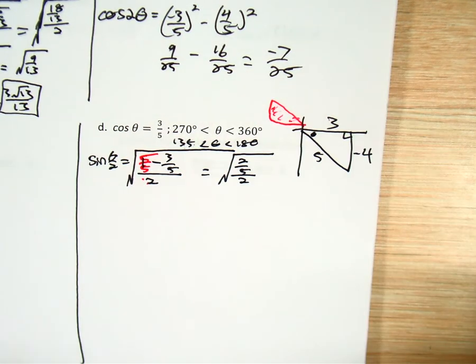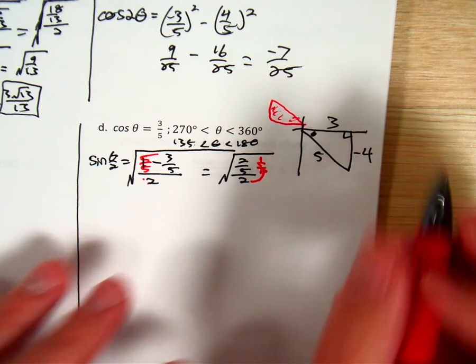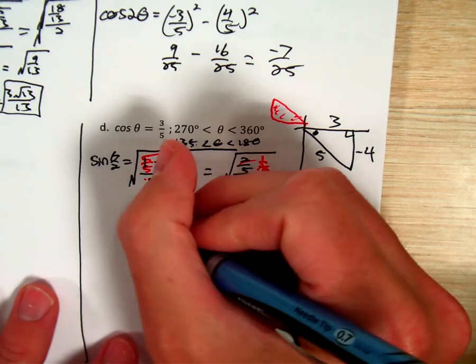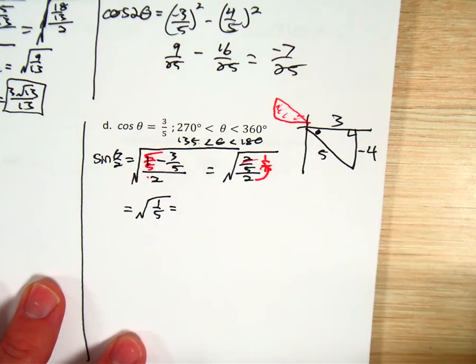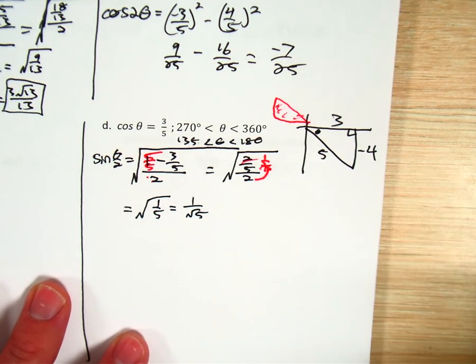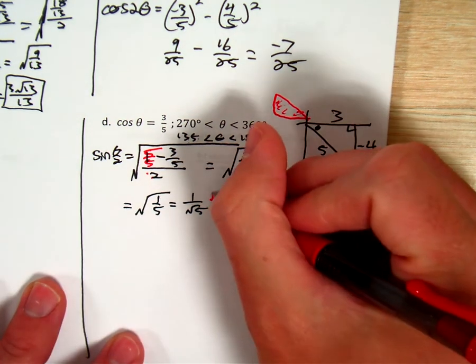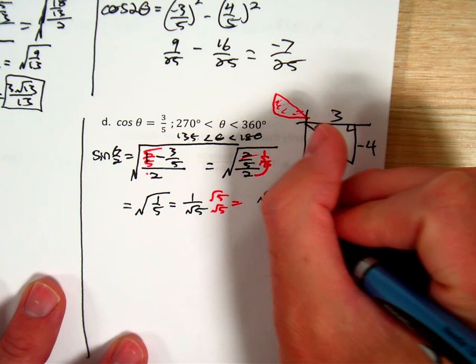Well, 2/5 divided by 2, maybe we can see that's going to be 1/5. If not, dividing by 2 means multiply by 1/2, and the 2's would cancel out and we'd have the square root of 1/5. The square root of 1 is 1. The square root of 5 you can't do, and you don't want to stop with a radical on the bottom. So we end up with radical 5 over 5.